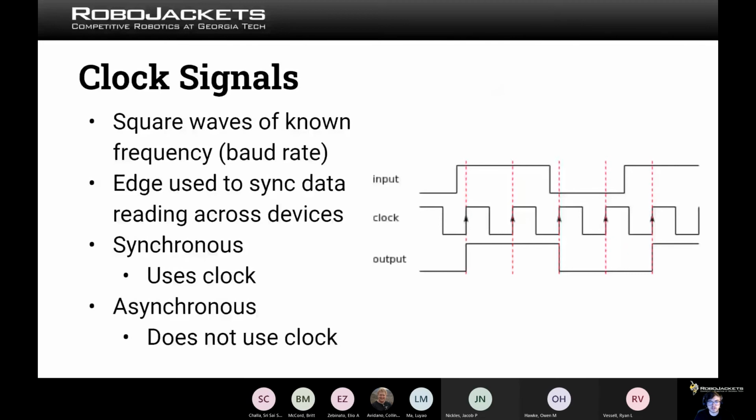As we get into the protocols, you'll see that we start reading an input or writing an output based on when that clock is rising. In this example, it's on the first edge. I know it's a repeating function, so first edge is relative, but at this first rising edge, the device would be looking at this input and seeing it's a 1.